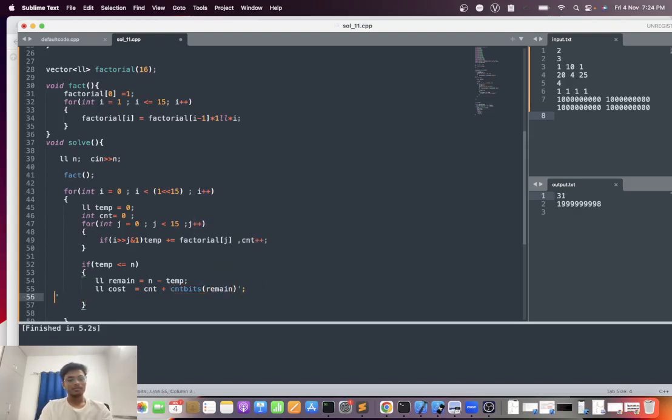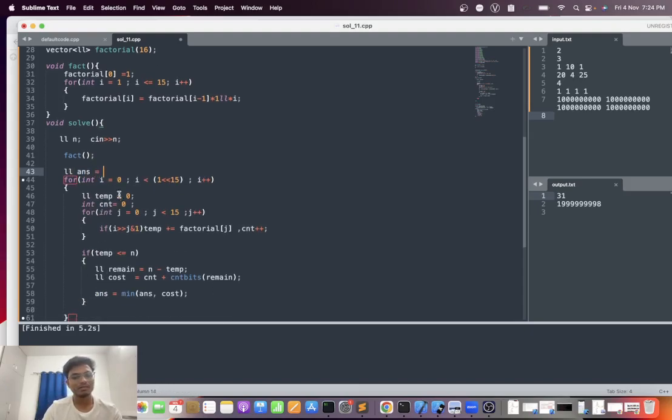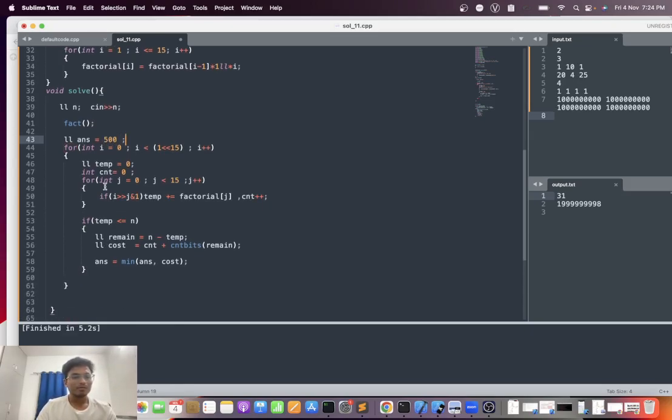The count of bits is what we are taking as powers of 2, and answer will be the minimum of answer and now cost. Long is okay, because I defined it here as long. The answer is not going to cross 500.